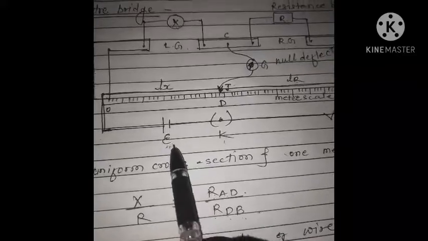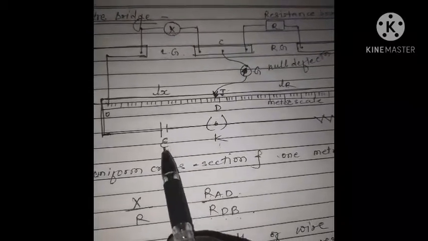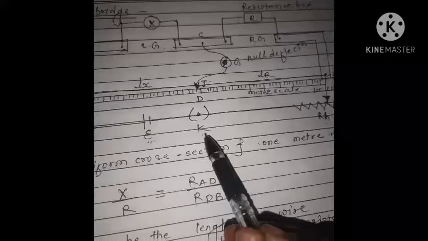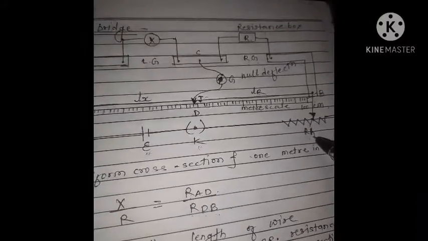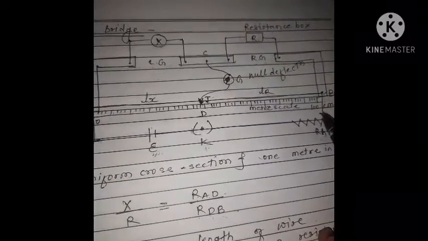A source of electricity of EMF E, a key and a rheostat are connected across wire AB.